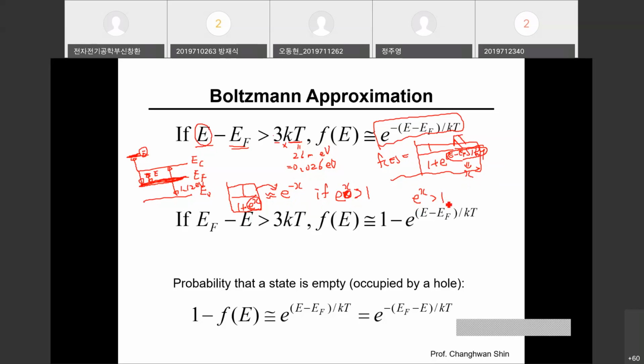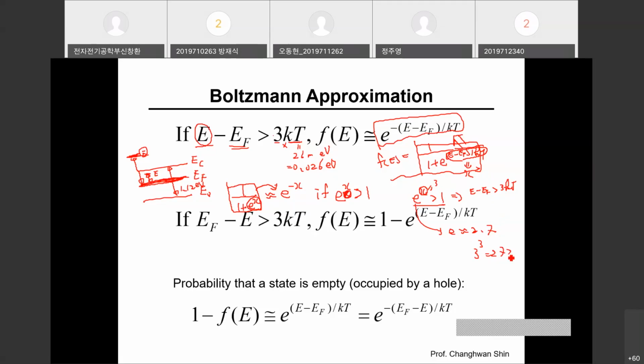To meet this inequality, E minus EF should be higher than 3 kT, which means this x value is 3. Then we can claim that exponential to the 3 is much higher than 1. As you know, e is approximately 2.7, right? So 2.7 to the 3, or simply 3 to the 3, is 27.